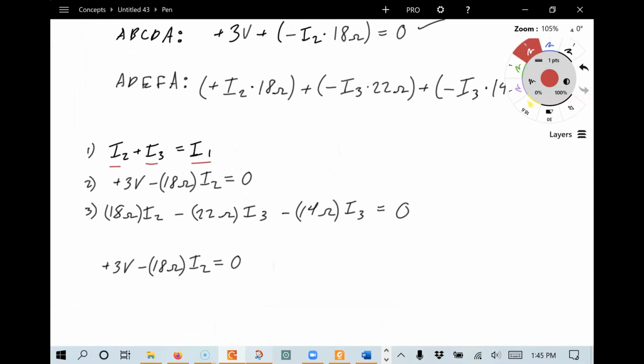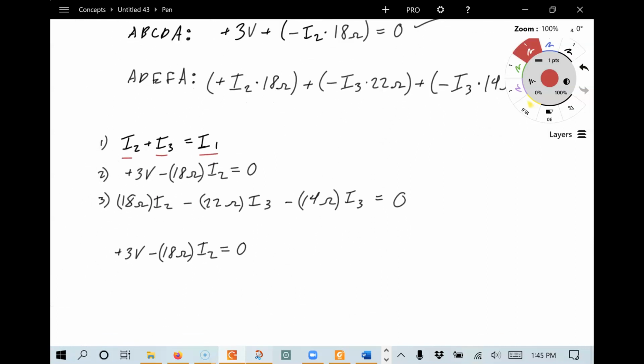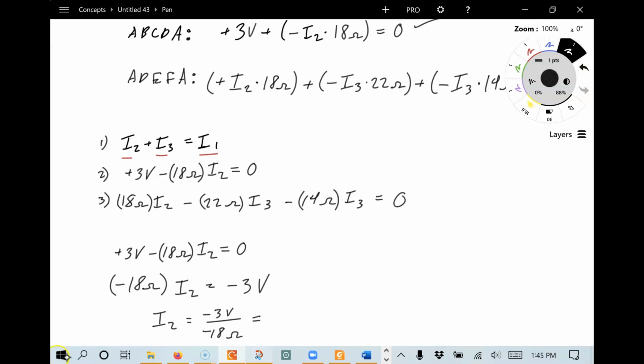So looking at this, we're going to have minus 18 ohms times I2 is equal to a negative 3 volts, right? We're going to divide by minus 18 ohms on both sides to come up with our answer. And we get 0.167 amps. That's the same answer as we got previously.